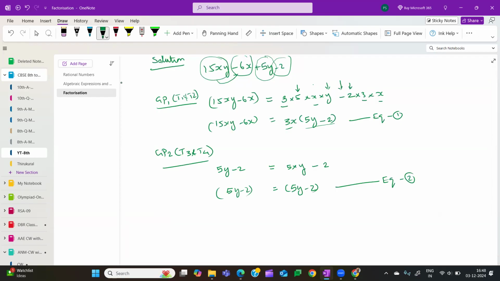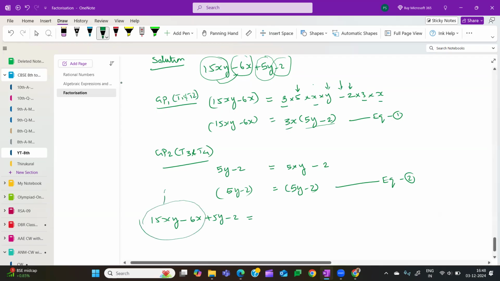Now our original algebraic expression, 15xy minus 6x plus 5y minus 2, which is equal to, by adding equation number 1 and 2, we can just bring it. So that means 15xy minus 6x is our group 1, and 5y minus 2 is our group 2.